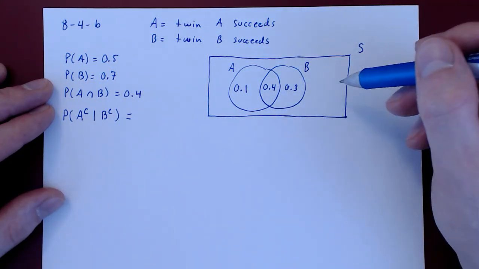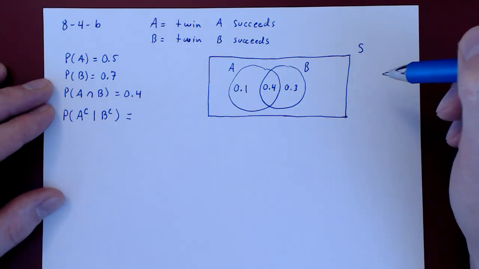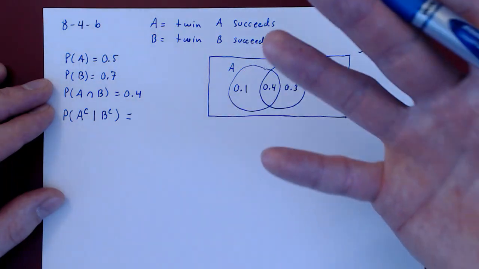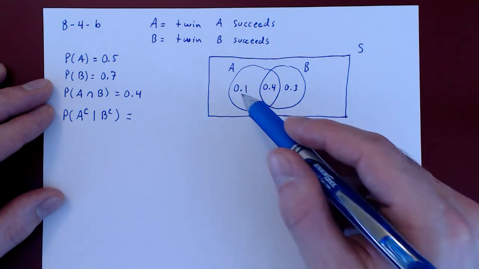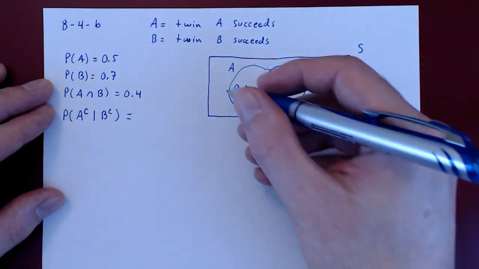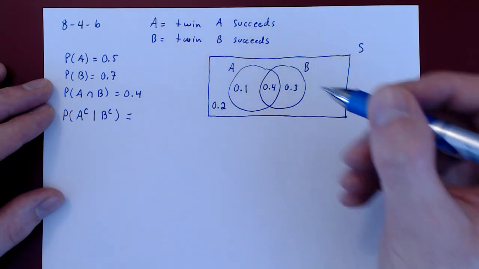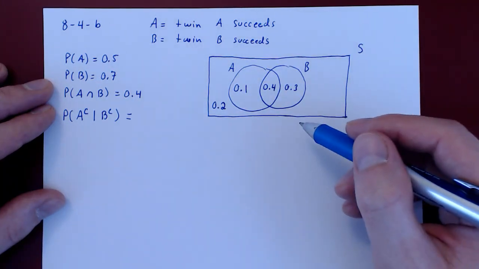And finally, for the complement of both, the probability of the sample space is always 1, as the sample space contains all possible outcomes. So the total must be 1. Well, how much do we have in here? 0.5 plus 0.3, 0.8. That leaves us with 0.2 for the remaining region. Now we have a complete Venn diagram.